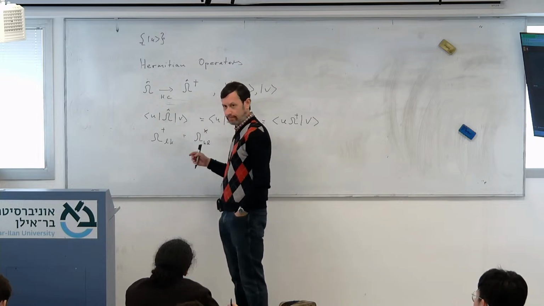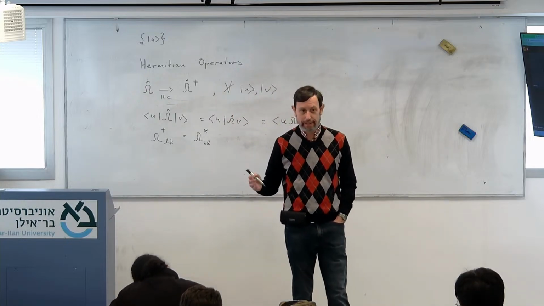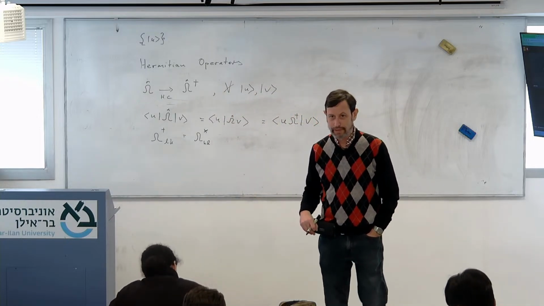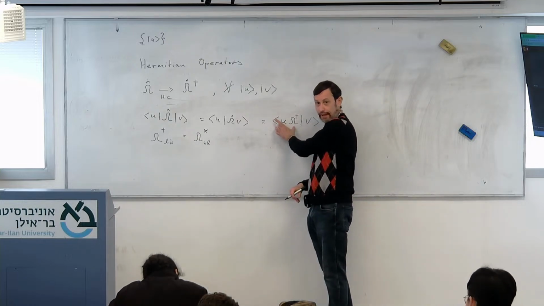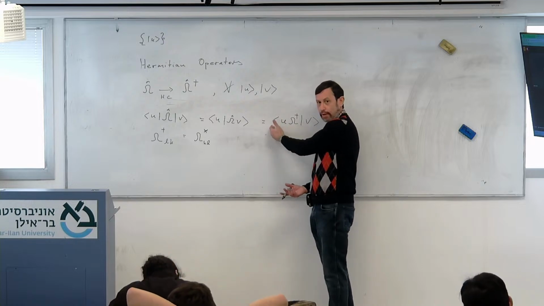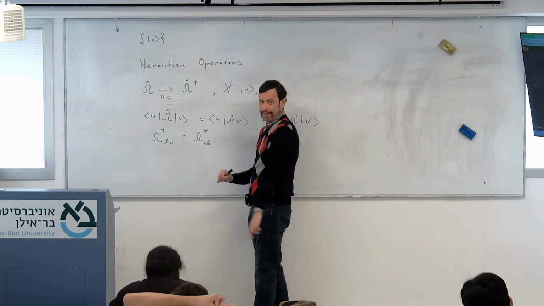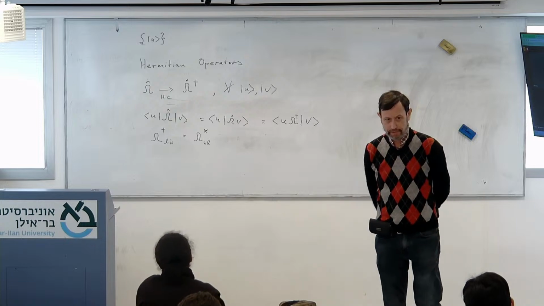Why? That's exactly what I'm doing here. Because when I'm doing this part first, after that I'm doing complex conjugate, right? And because I'm operating to the left, I have to transpose the indexes.